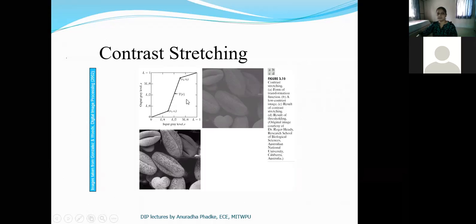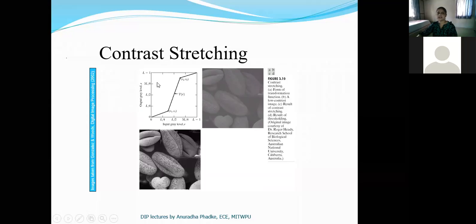Accordingly, we use a particular equation of line, either line segment 1, 2, or 3, and we determine the new value of the pixel. Then we go for the next pixel and so on. So we can raster scan this image, and for each and every pixel value, we apply this transformation.